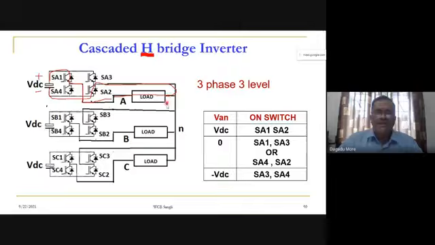So our VAN, the phase to neutral voltage, which we can call the phase voltage since we have a star connected load, is here. When SA1 and SA2 are on, our VAN will be plus VDC.